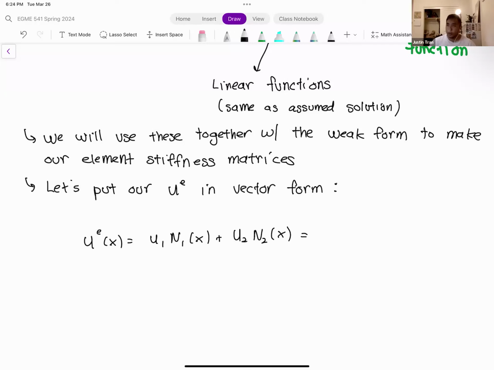So let's make use of that. If we make a row vector N1, N2 and multiply by a column vector U1, U2, it would look something like that.